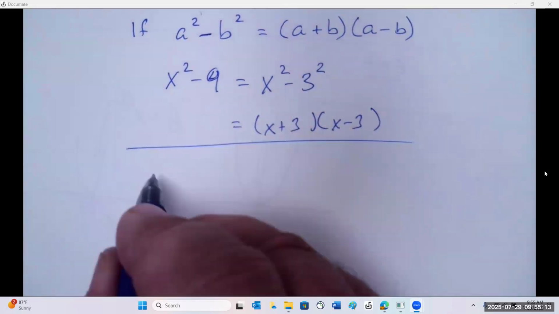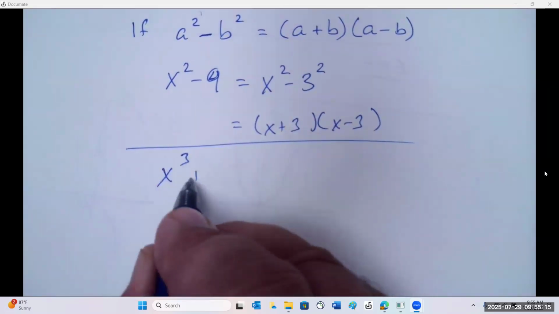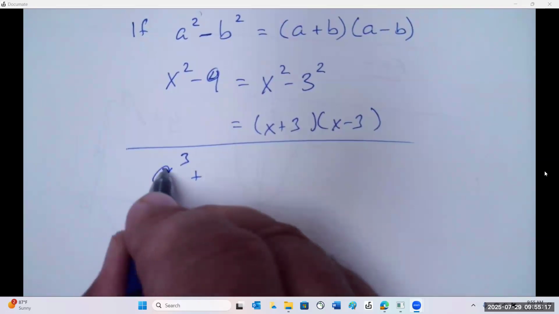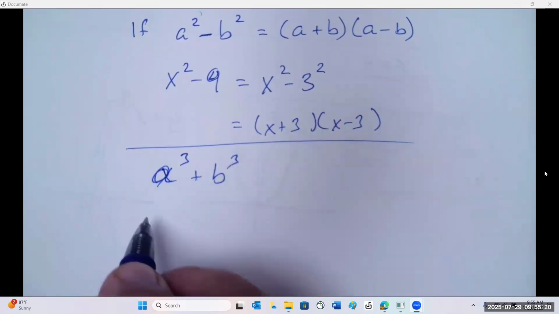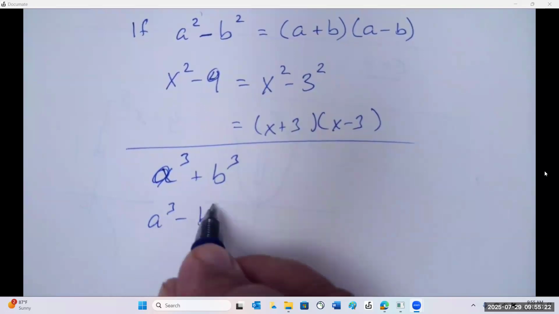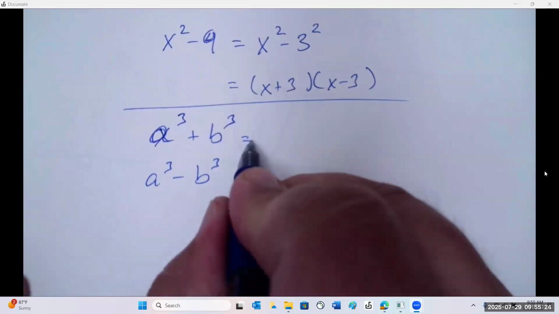And we have other rules for a cubed and b cubed.